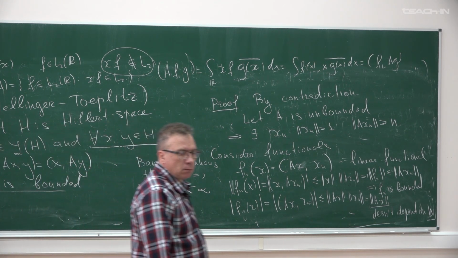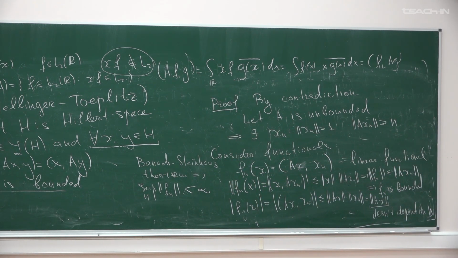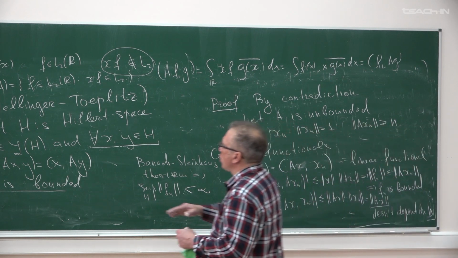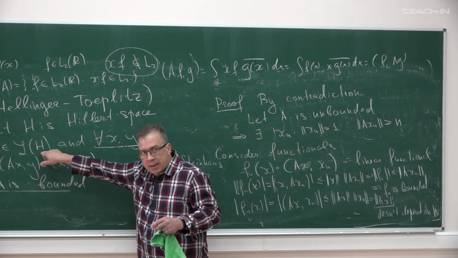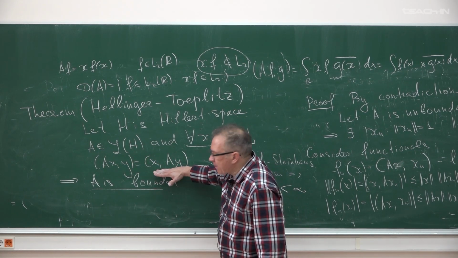But sir, in this case, A is normal. No, any. You have a linear operator only, it's linear, yes. Only linear, without boundedness. Only linear operators, without any boundedness property. But we have such properties.